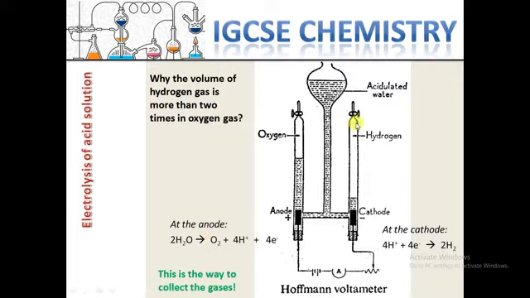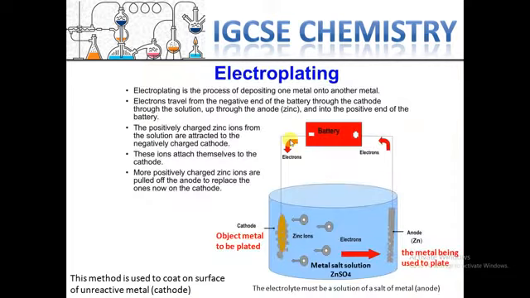So the production of hydrogen gas would be two times more than the oxygen gas.